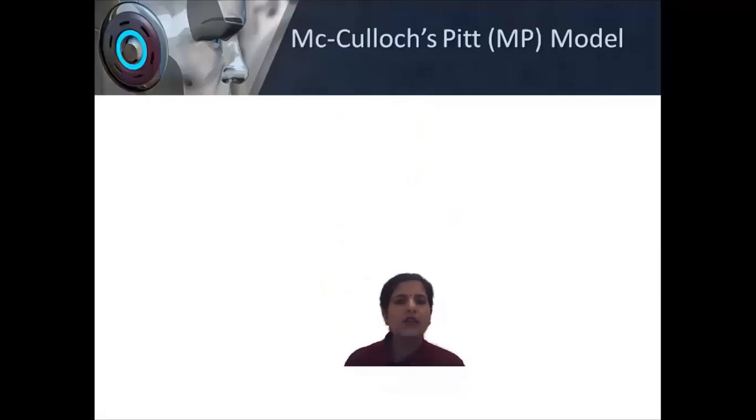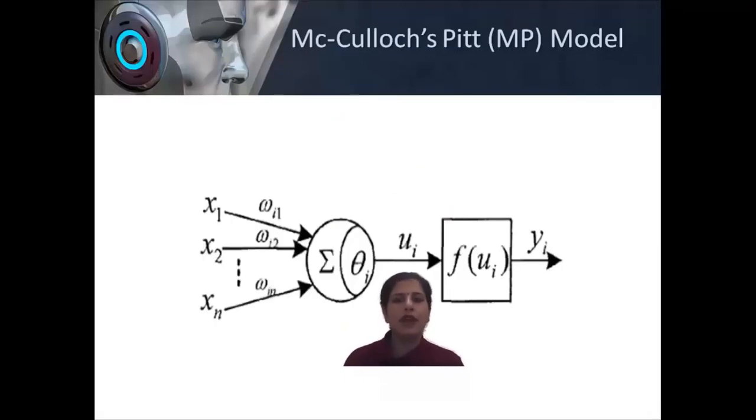So we start with the McCulloch-Pitts model and understand what it is. As you can see, we have x1, x2 up to xn, n number of inputs, each having a strength identified by a weight matrix given as w_i1, w_i2, w_i3. Here i is the neuron to which these inputs are coming, and 1, 2, 3, n are the subscripts of the input.